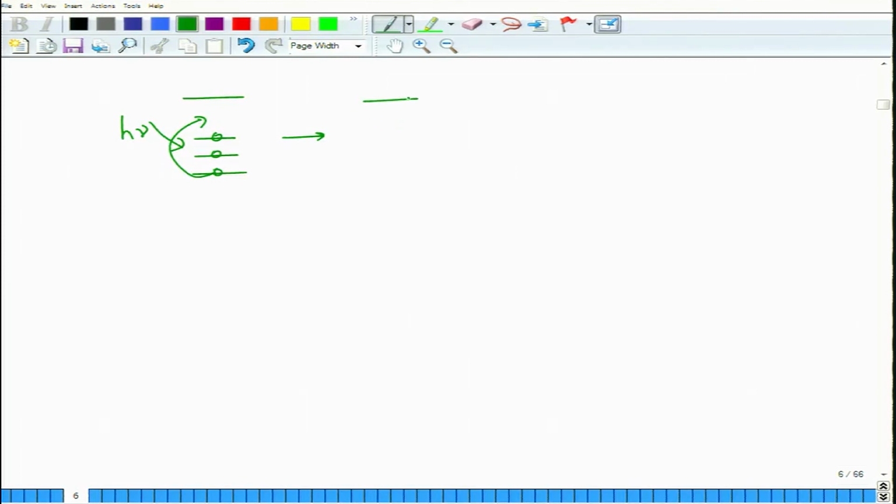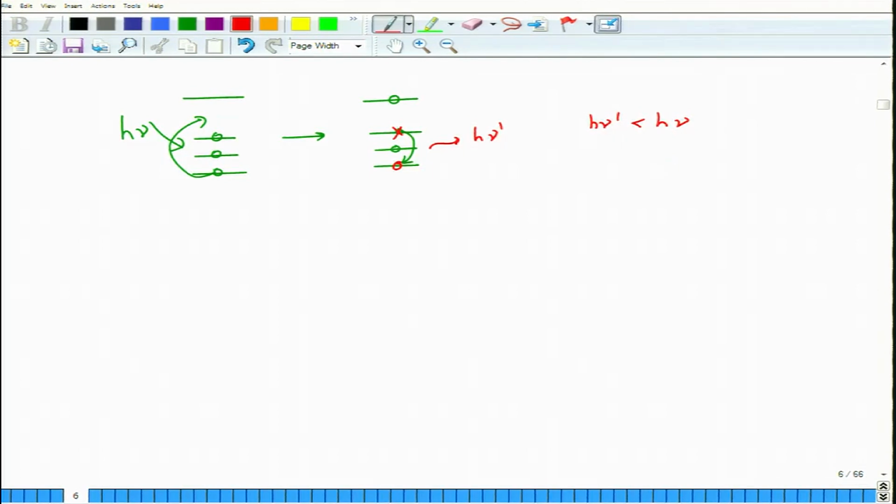As a result, this electron goes there, and this level, which was filled, is now empty, so an electron makes a transition to this level. This becomes empty and this gets filled, which means it will emit a wavelength which is h nu prime, where h nu prime is lower than h nu. All right, the energy of this is lower than the energy of the incoming beam. It has to be lower, right?